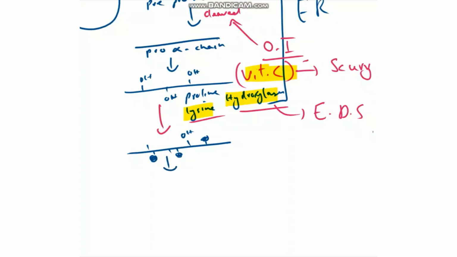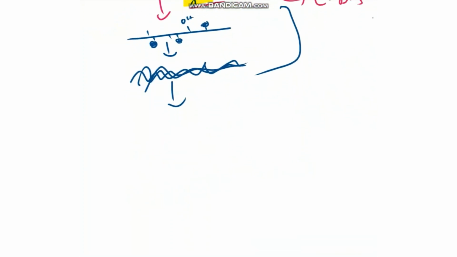And these polypeptides are then arranged in a triple helical structure. So this would be a triple helix still in the ER, and then after it is formed into this triple helix, it will be secreted into the cytoplasm.